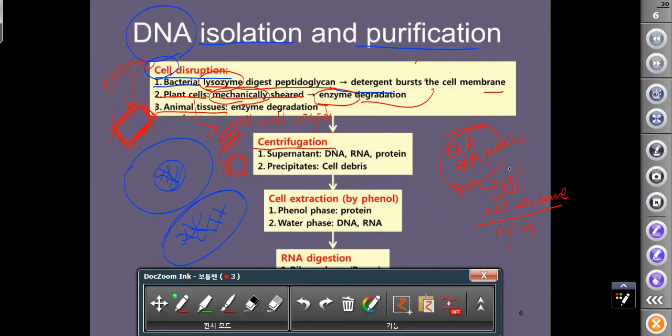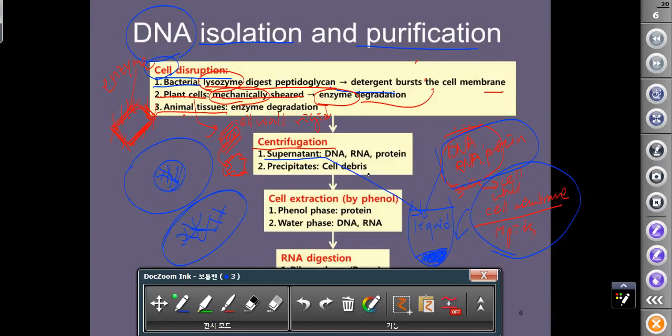Mostly this part goes down to the bottom, and these ones come up here as a liquid. It's called supernatant.